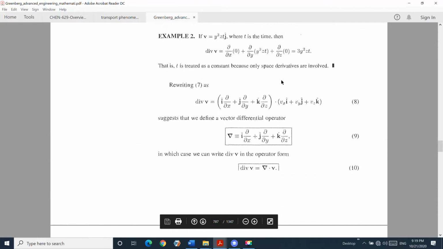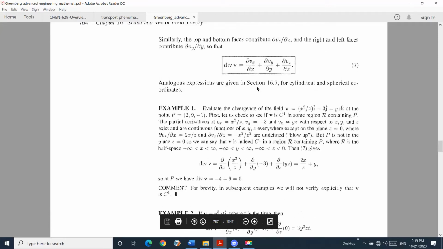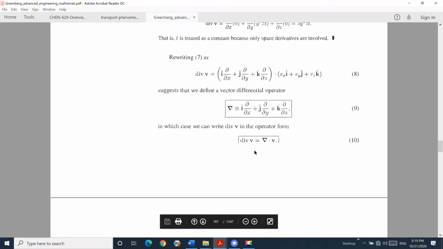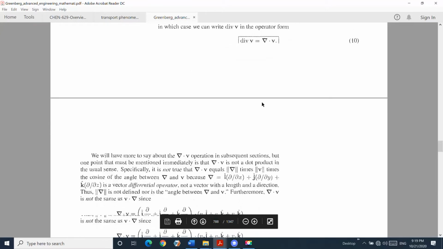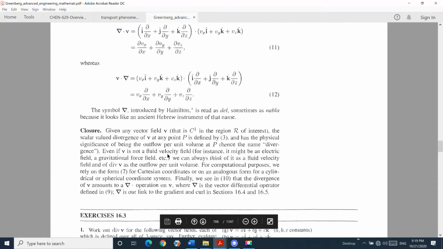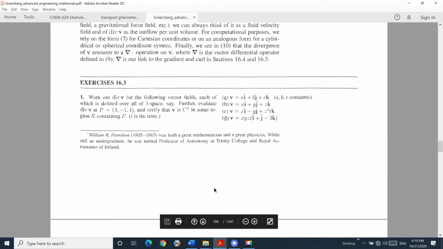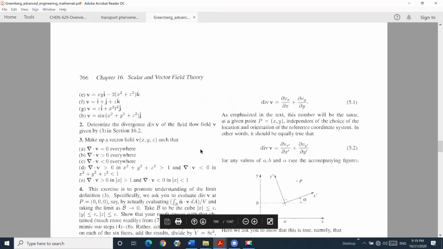Then we can reduce this form to this form briefly, because this comes from the del vector operator, the differential operator. Later we are going to go over these concepts again more deeply. Now I just briefly introduce them.